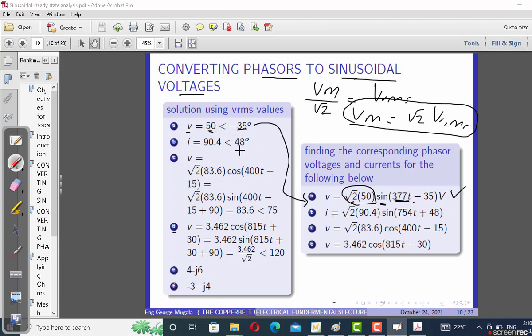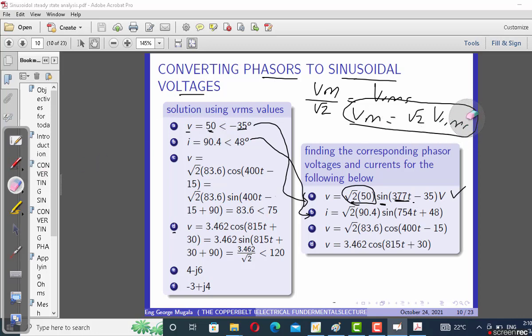And if you look at this one right here as well, it's 90 times root of 2, sine, now 7542. Now 7542 in this case, guys, I didn't just emphasize it; we're working under certain frequencies.